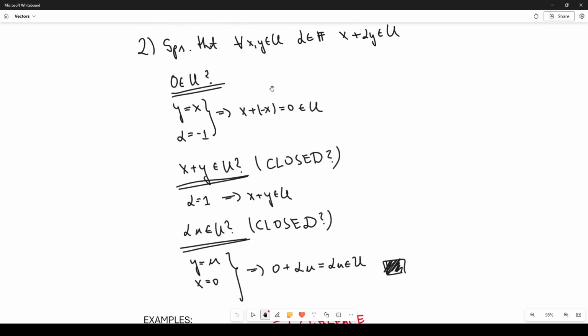Now the other implication, let's suppose that our condition holds. So whatever two elements I take from U and whatever scalar alpha I take from F, when I form this, it does belong to U. So now we have to show that U is a subspace.